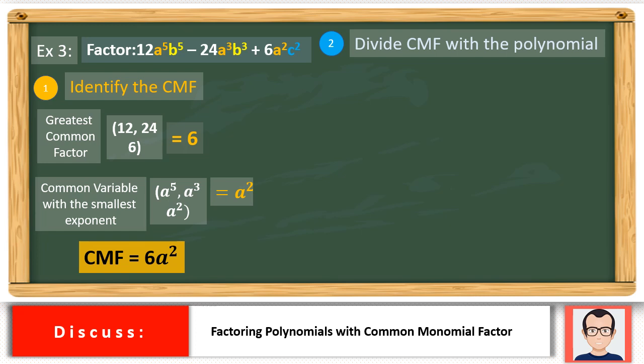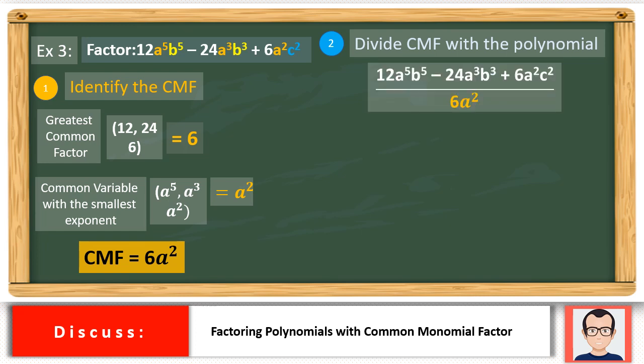The second step will be to divide the common monomial factor with the given. That would give us 12a to the fifth b to the fifth minus 24a cubed b cubed plus 6a squared c squared divided by 6a squared.